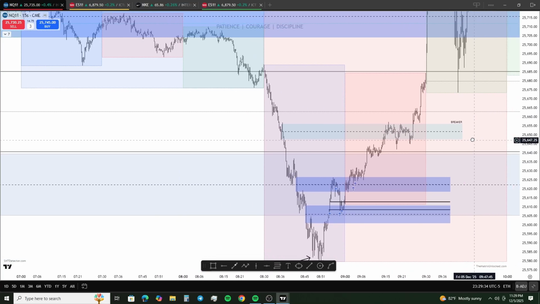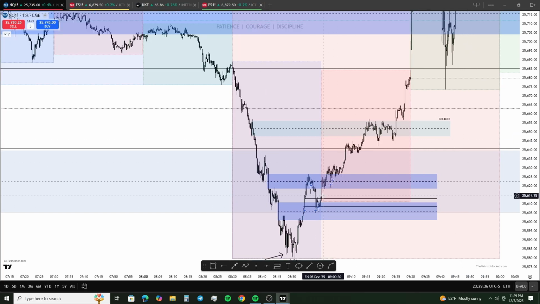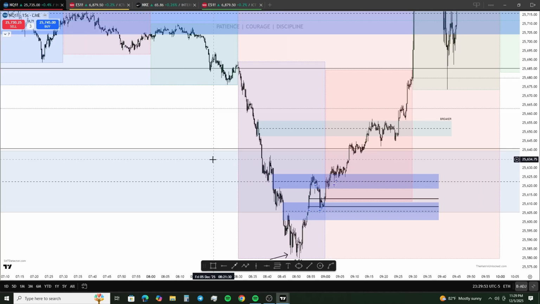So by the time I saw this movement, once I saw the 9 o'clock candle start displacing to the upside, I waited for this BISI that I have outlined from, I'm pretty sure it's a 1-hour time frame BISI.